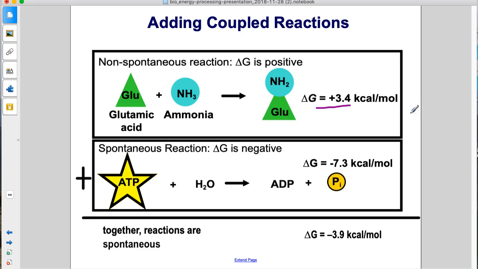Because it requires an energy input, it couples itself with an exergonic reaction here that has a negative change in free energy. And the excess energy here is used to help power this reaction. So together, these reactions are spontaneous.